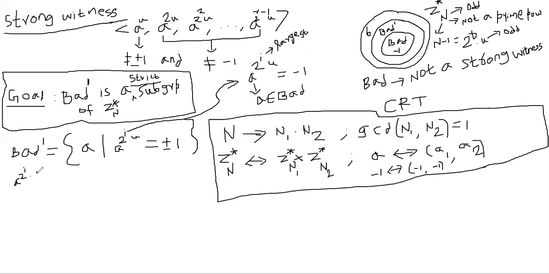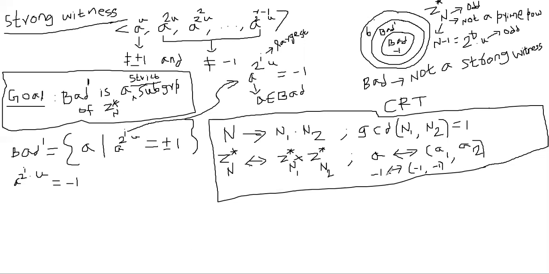Will that be possible? Yes, it is possible because we proved that -1 is part of bad, and we also proved that bad is a subset of bad prime. That means we should be able to find an element in bad prime such that A to the power 2^i times u is equal to -1.